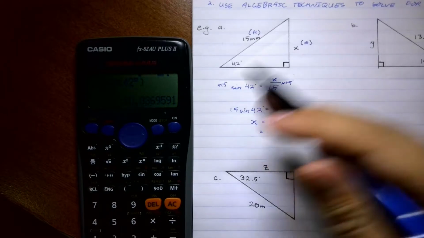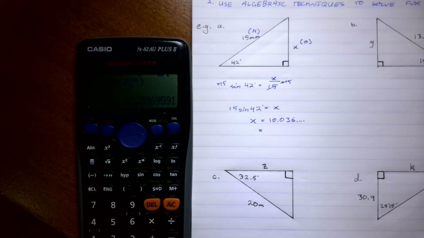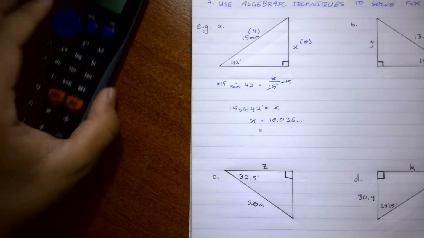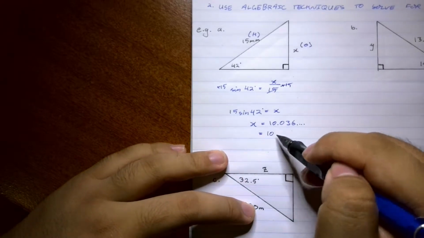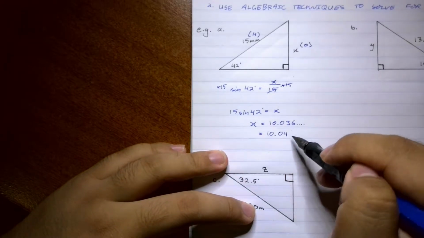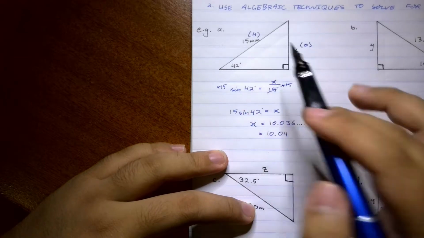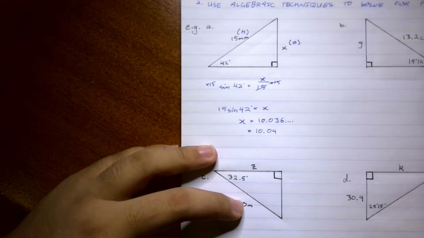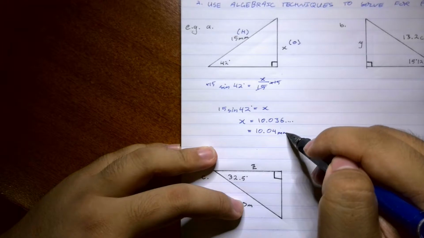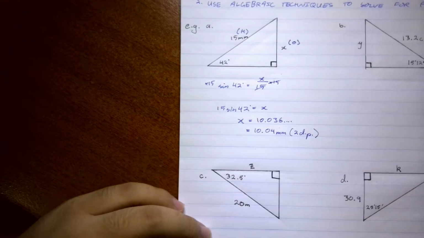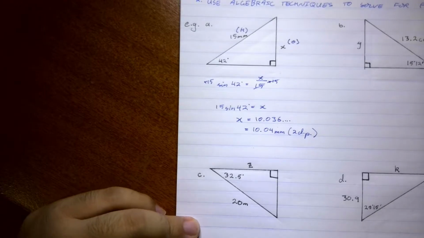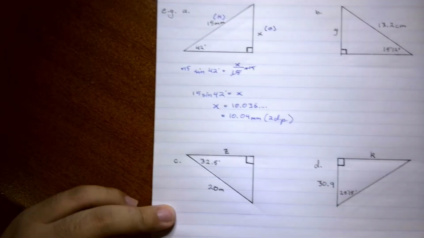And just for this example, I'm going to be rounding these off to 2 decimal places. This will give us 10.04. Since the question is in millimeters, our final answer should also be in millimeters, and we must indicate that this is in 2 decimal places that we've rounded to.